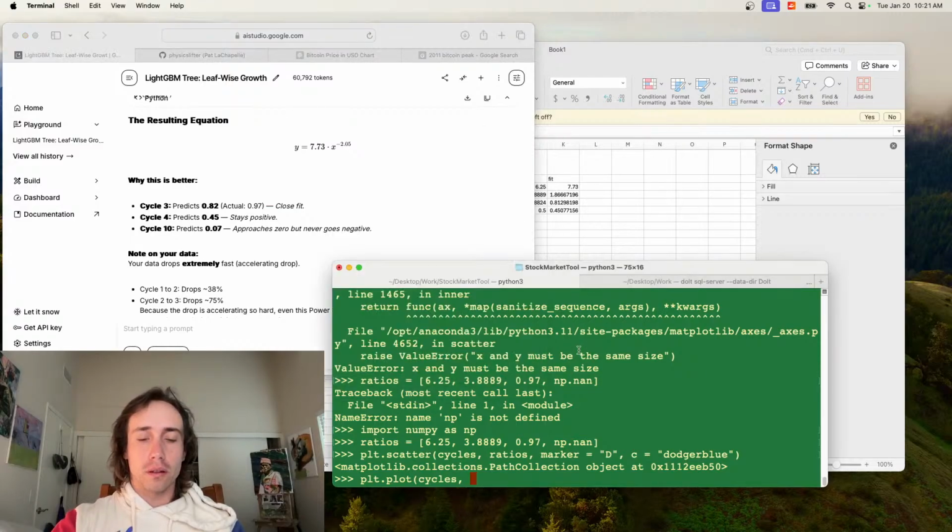What is it? 7.73 times cycles, times I to the minus 2.05 for I in cycles, label equals fit, C equals magenta.